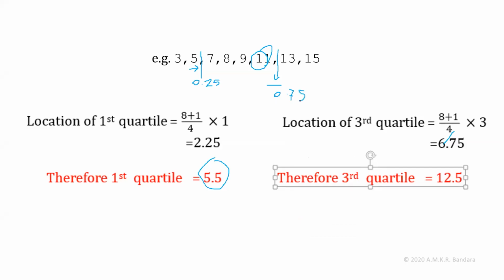So here from 6 to 7 there is a 2 unit change. So when we go 0.75 distance from the 6th observation, we have to go 1.5 there. So the value will be 11 plus 1.5, 12.5.